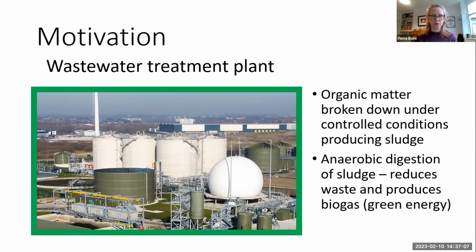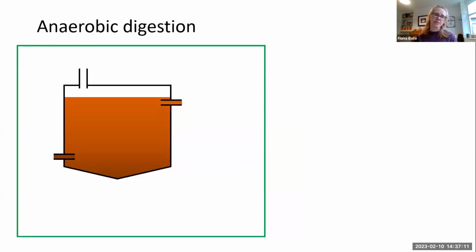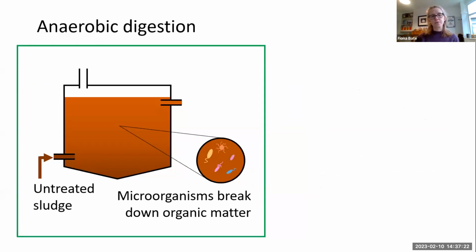It's a green energy. I've just got a little schematic of an anaerobic digester. The untreated sludge goes in at the bottom of the digester. The microbes inside the digester break down the organic matter and you get treated sludge, which is much cleaner than the untreated sludge, and you get biogas as well.